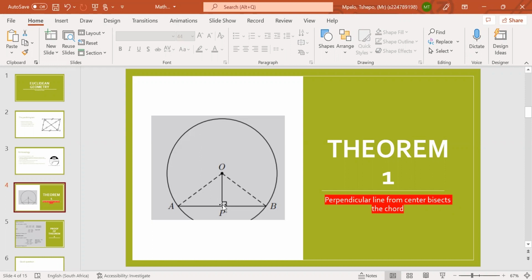And then we agree again that line OA is equal to line OB, and the reason for that is because the two lines are radii. So we're just going to say radii.